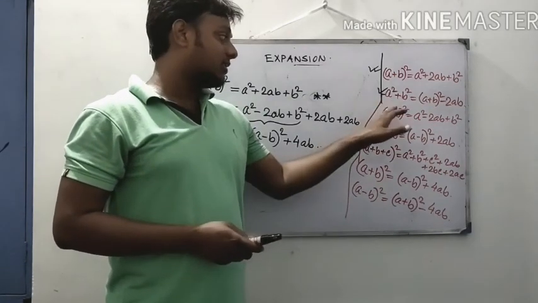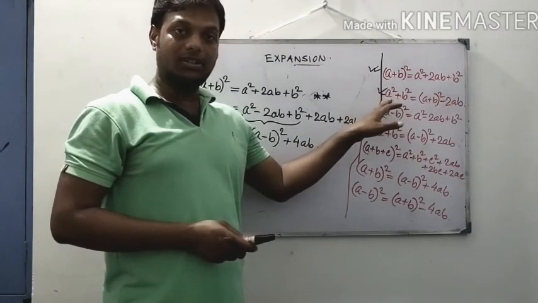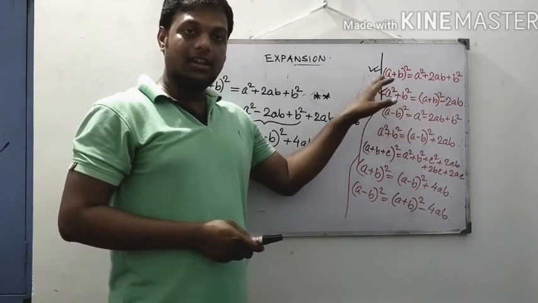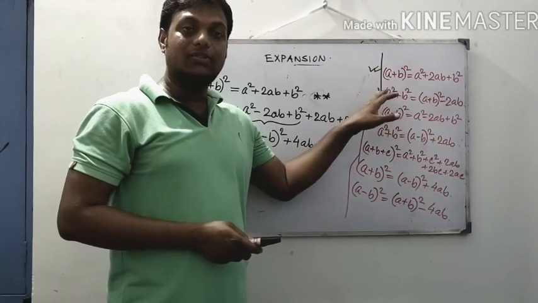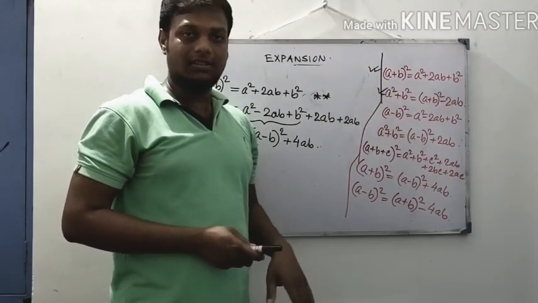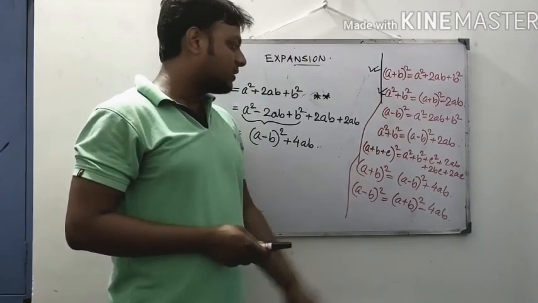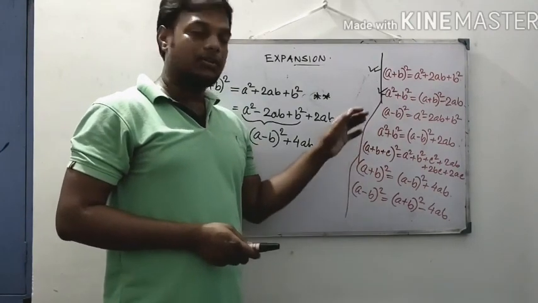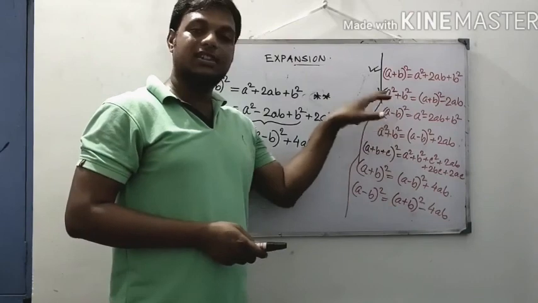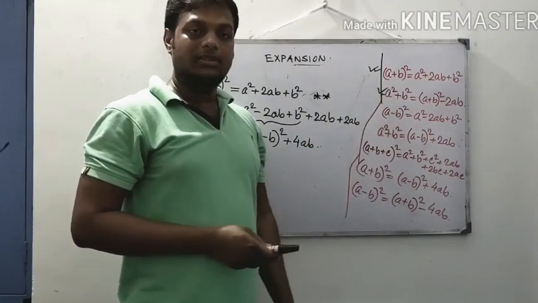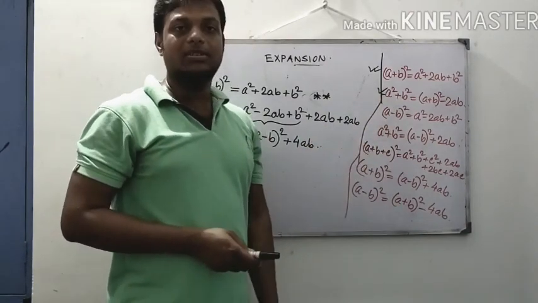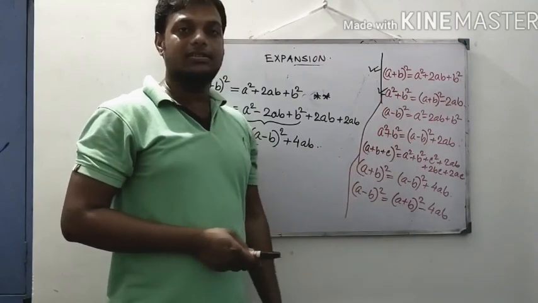These are actually not formulas, these are identities, and we have to memorize them for our own benefit. Is that clear? In my next video I will discuss the application of these identities.